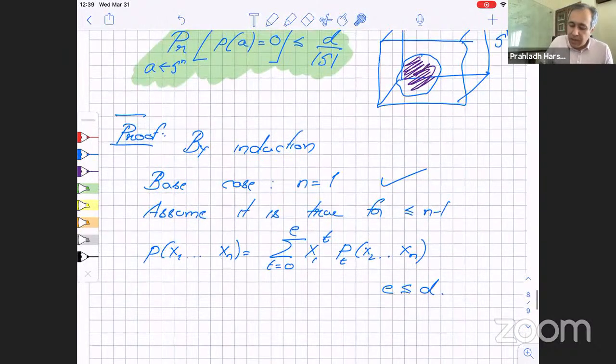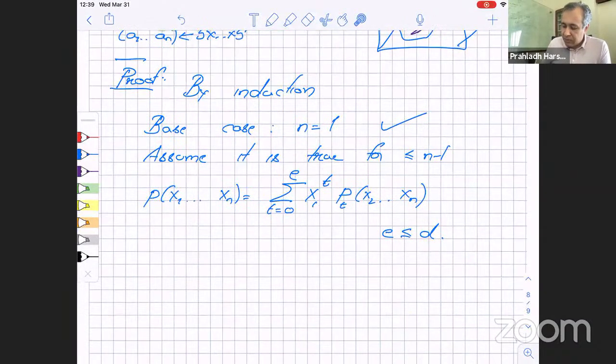Now the process of picking A in S to the n. A is actually you're picking A1, A2, up to An in S cross S cross S. This process, we can think of it in two ways. First, we pick A2 to An, and then you pick A1, the random process. So what do we want? We want the probability that P of A1, A2, An is 0.